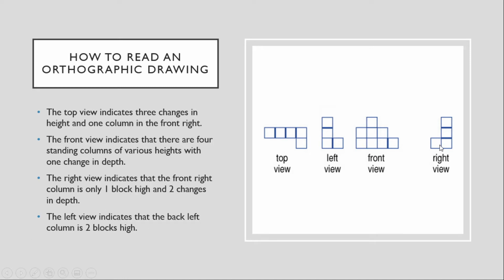So we see on the right that these two are connected. So this means that the furthest right place has 2. First left is actually just one square. Okay, and then these are height changes. Okay, so there's two height changes.